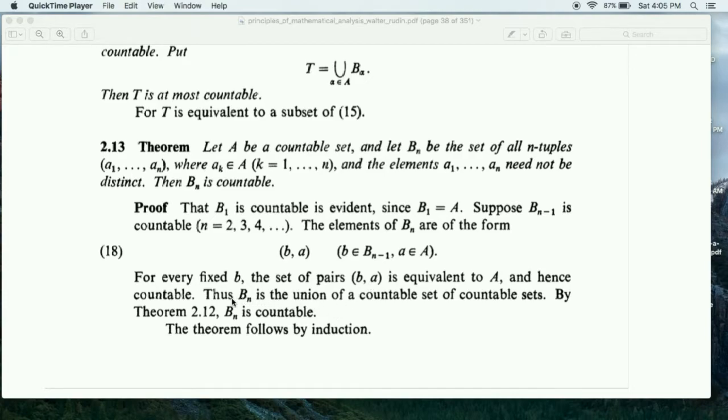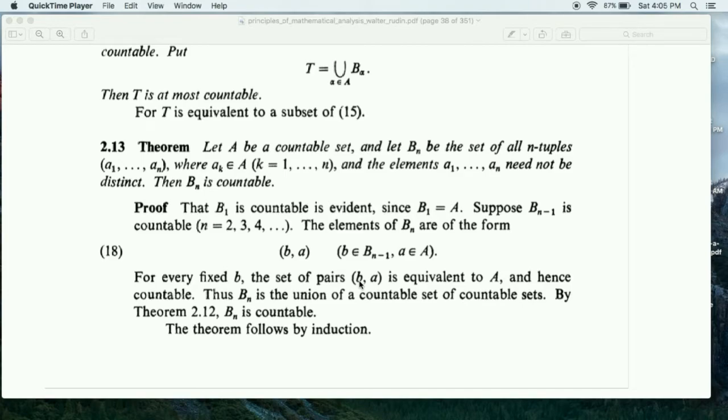And thus we see that B_n is the union of a countable set of countable sets. And by the previous theorem, we see that B_n is countable because B_{n-1} was countable. Here we are fixing a b.